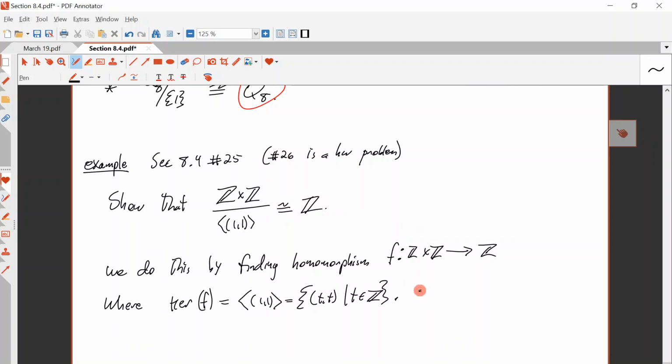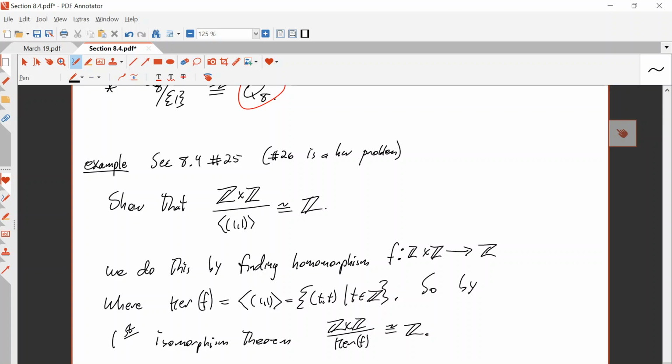By the first isomorphism theorem, Z cross Z mod the kernel of f, which is the (1,1) subgroup, will be isomorphic to Z. So that's what we have to do.